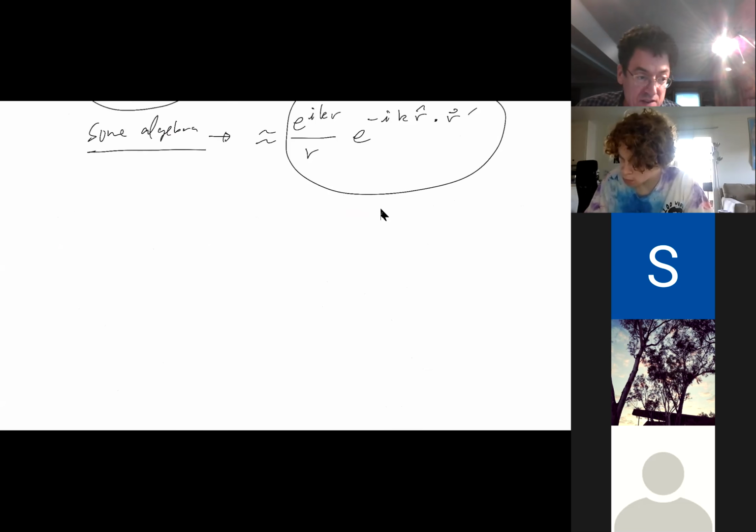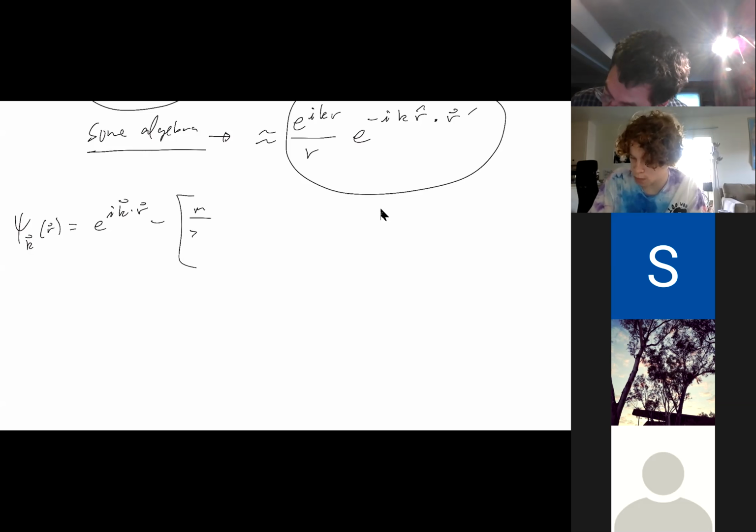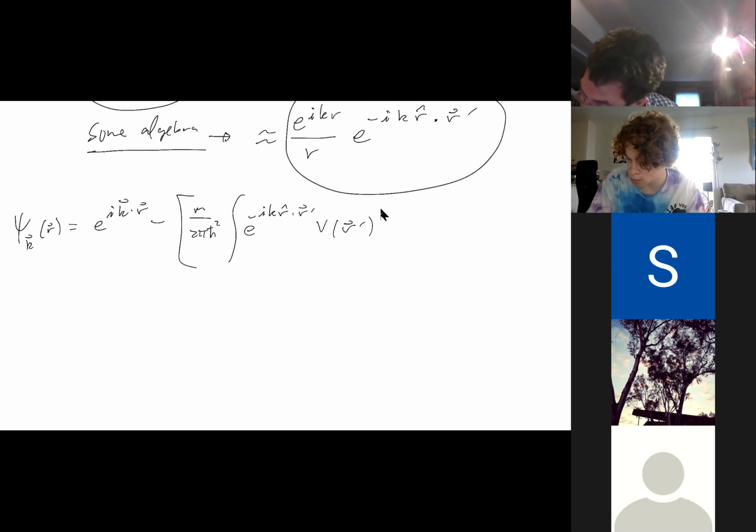Now we see, and I'm almost done, guys, I just want to get to this penultimate result in just one minute, that the wave function we derive is equal to a plane wave, e to the i k dot r, minus, plugging it all in, m over 2 pi h bar squared times the integral of e to the negative i k r hat dot r prime, v of r prime, times psi of r prime, d cubed r prime.